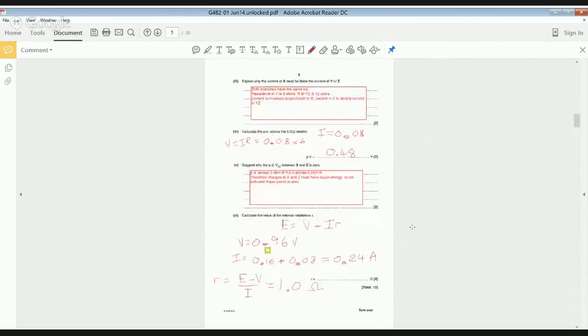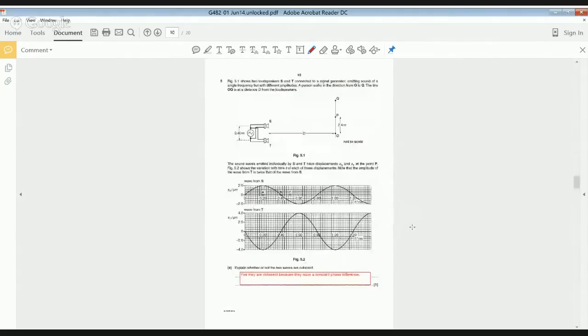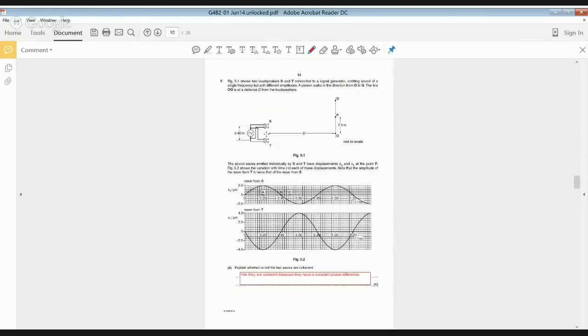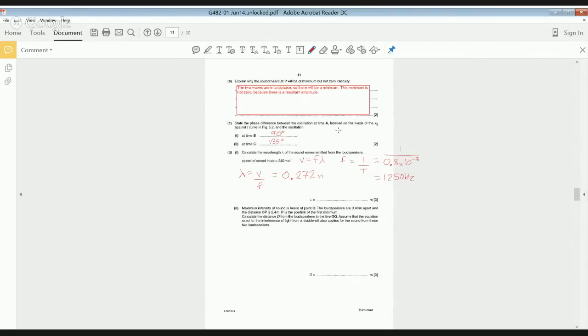So the loudspeakers are 0.4 meters apart, and the distance between O and P is 2.4 meters. P is the position of the first minimum. That's a really important point. We need to calculate the distance D.